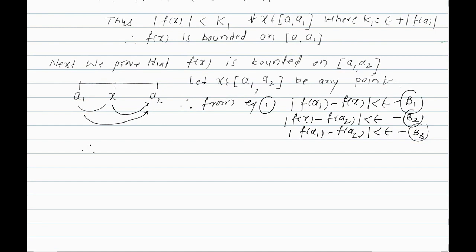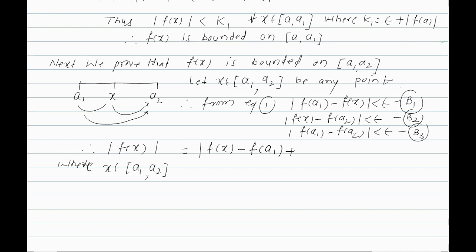Therefore, mod of f of x, where x is any point in the interval a1 comma a2. So mod of f of x is equal to, now subtract and add f of a1, the first point of this subinterval.